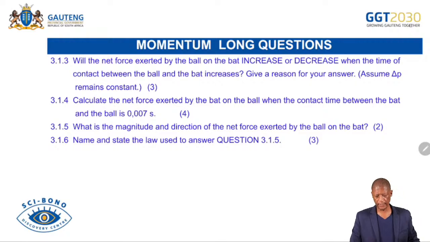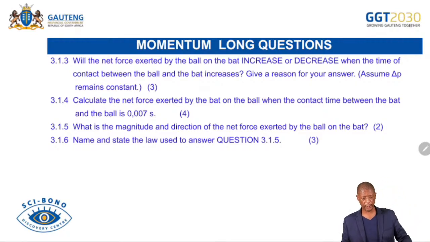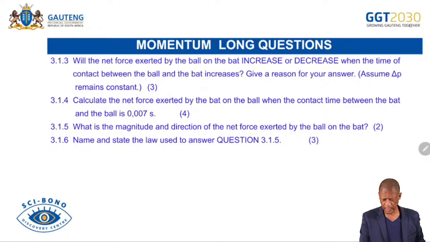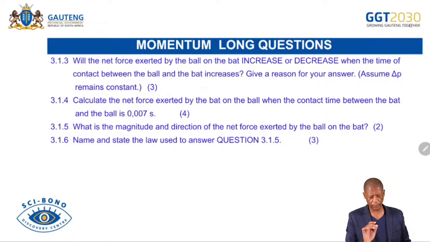Now, these are the questions following the other questions. This is the question that I want you just to think about, then we are done. I'm not going to do 3.1.4. I'm going to talk about 3.1.3.